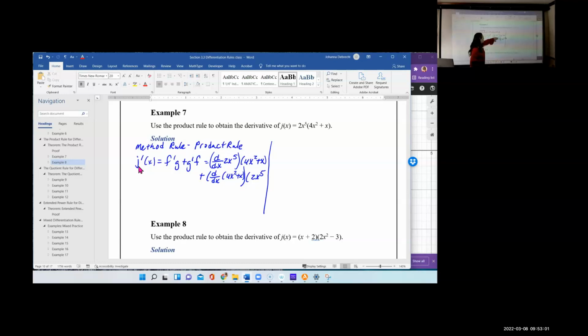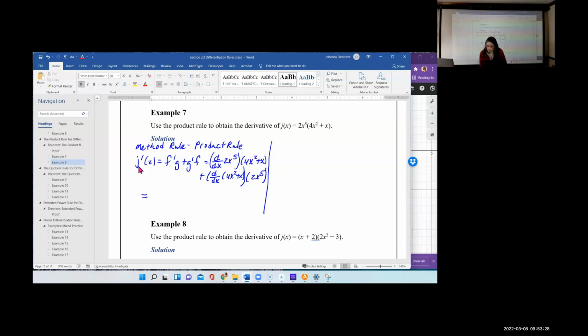So I'm taking the derivative of the first factor, multiplying it by the second factor, taking the derivative of the second factor, multiplying it by the first. All right. So this is f prime, derivative of the first factor, then multiply by the second, then derivative of the second, multiplied by the first. Now, I would probably not write that step. I would go straight to applying it.